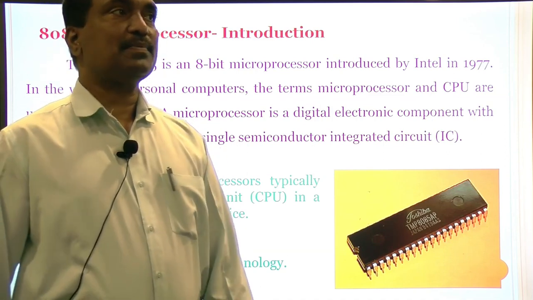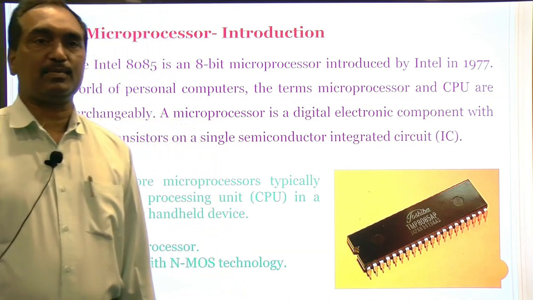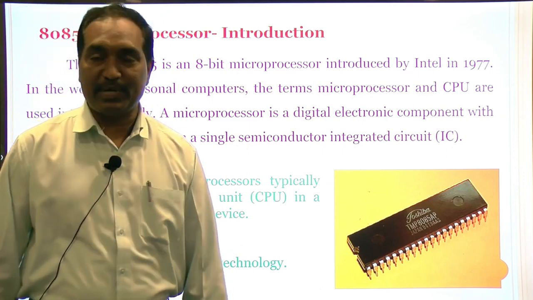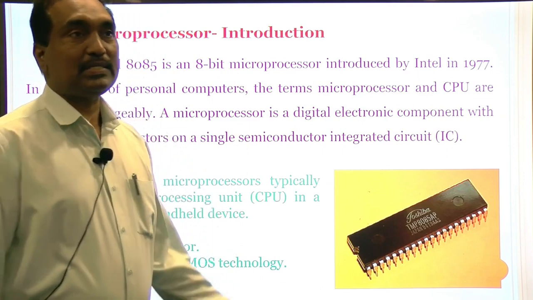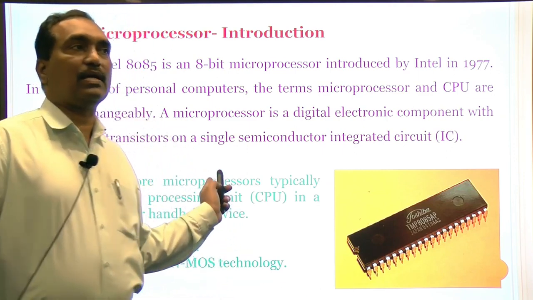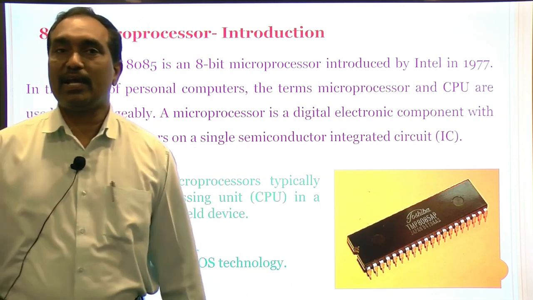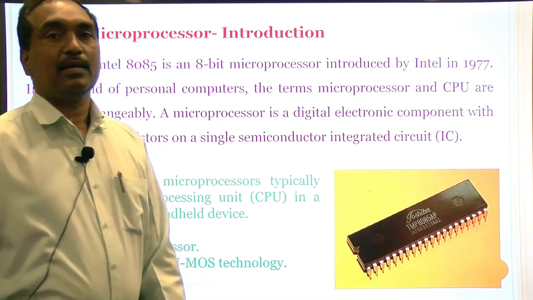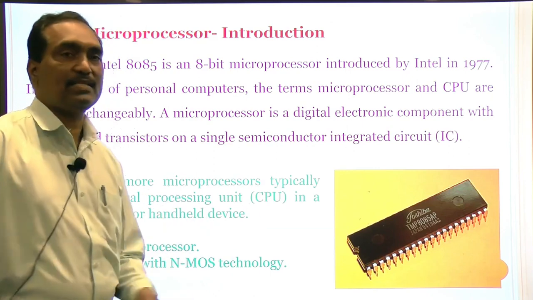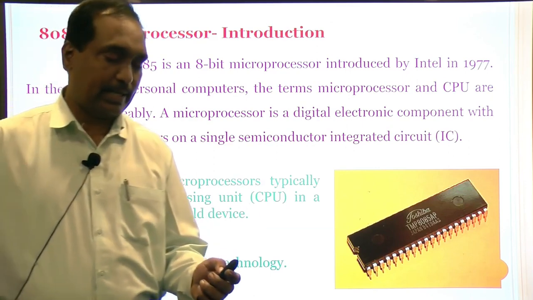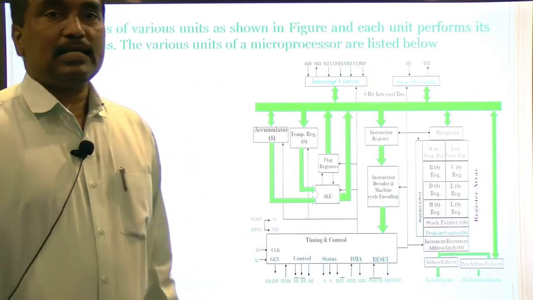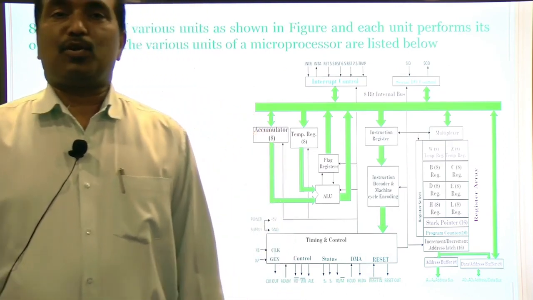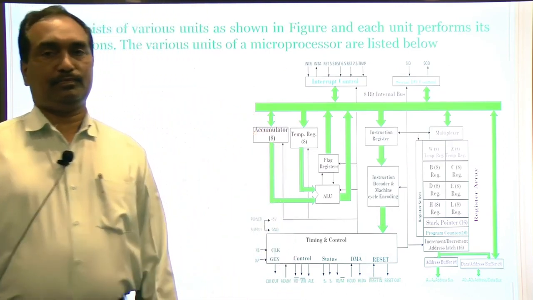We know there are two types of semiconductors. One is N-type semiconductor and the second one is P-type semiconductor. So we constructed this 8085 by using N-type semiconductor, by using MOS, that is metal oxide semiconductor technology. And this is the block diagram of the microprocessor 8085.